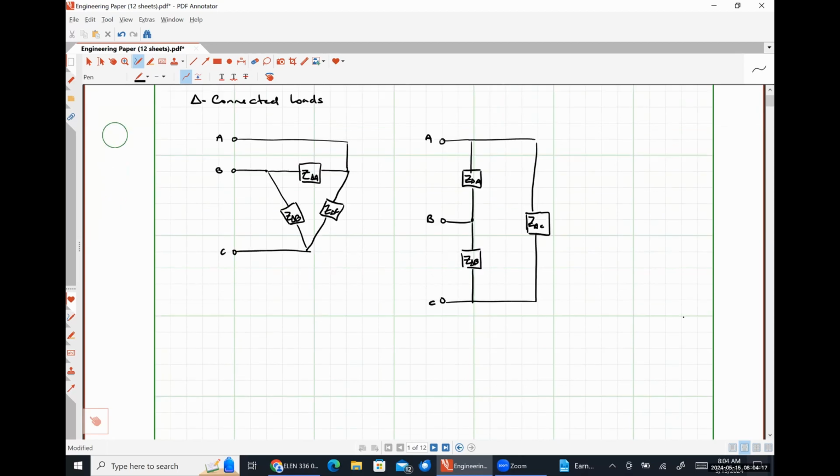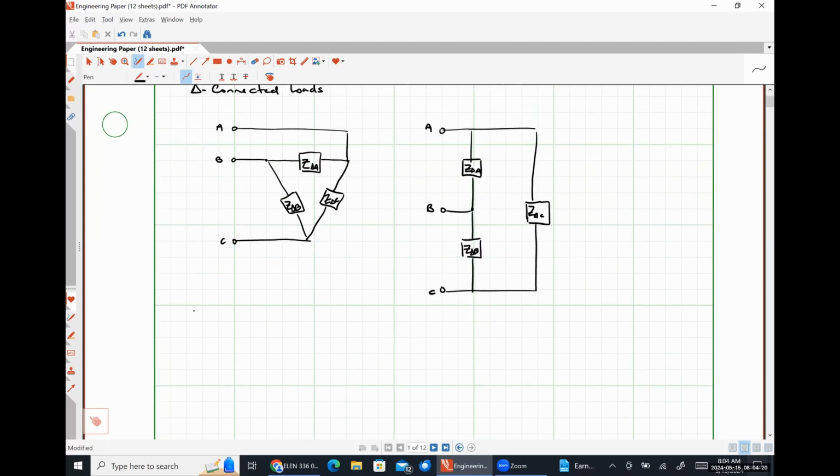All right, so what do you guys think our line voltages? Actually, excuse me, we do phase voltages first. Are going to be here. So it'll be the voltage drops over those three impedances, right?